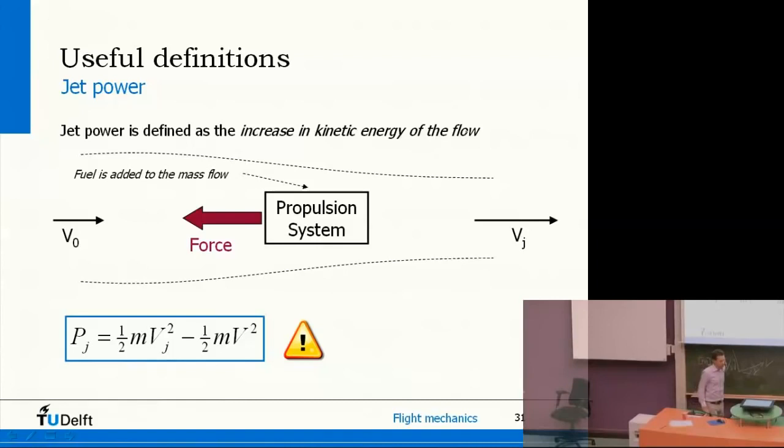So if you look at the front of the engine, then kinetic energy would be half m v squared, and at the end of the engine it will be half m vj squared. Now, as I said before in my story, m is kilograms per second, so m there is a mass flow, so that's basically energy per second you see there. So it's a change of kinetic energy per second. Pretty straightforward, and that's what we call jet power.